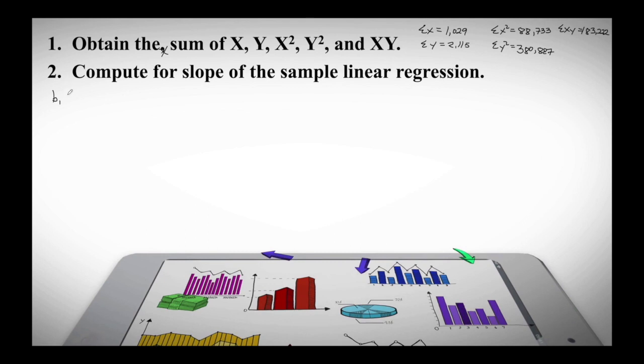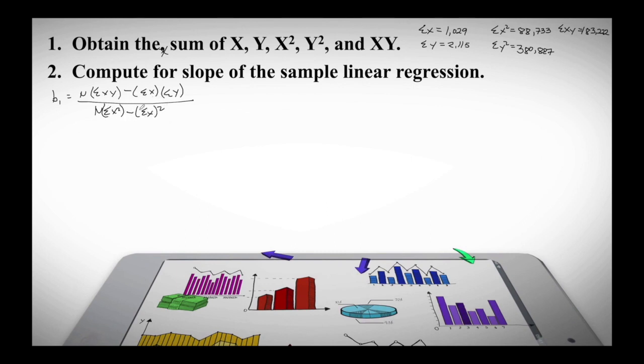So, B sub 1 equals N multiplied to summation of X and Y minus summation of X multiplied to summation of Y, all over N, then summation of X squared minus summation of X, then squared.